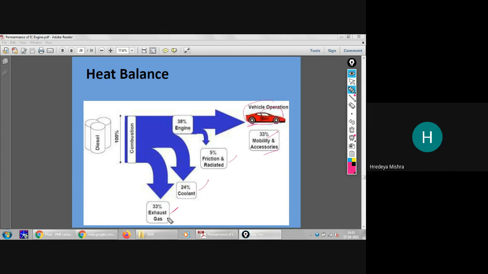So this is the heat balance. It means if 100% heat is here, then 38% is utilized for the mobility of the vehicle, 5% for friction related losses, 24% used for the coolant, and 33% of the heat is exhausted with the hot gases.